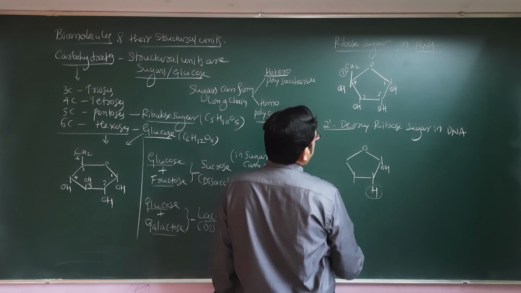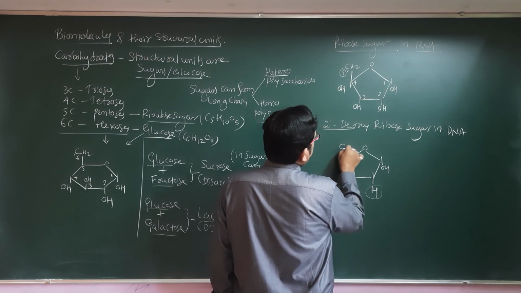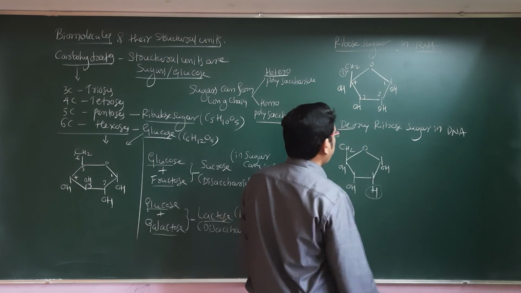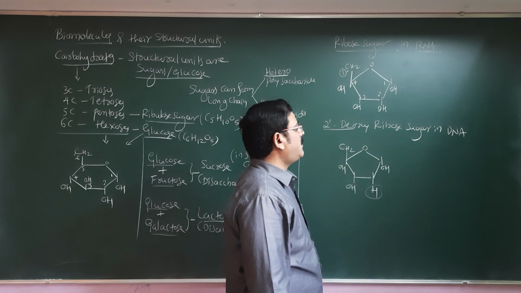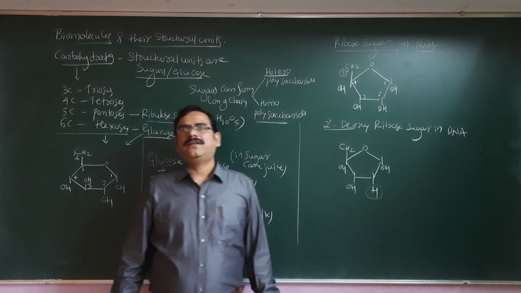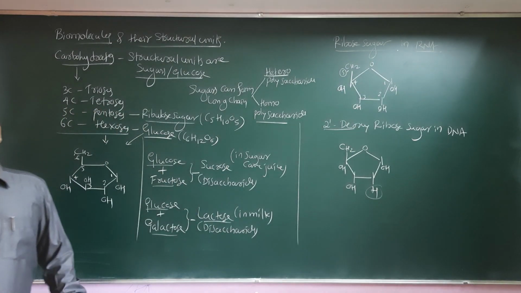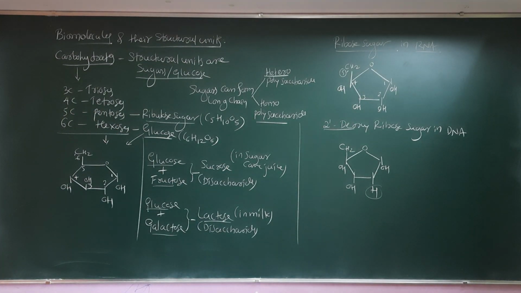Then here it is again OH, here it is OH, here CH2. So this is the deoxyribose sugar that can be seen in the DNA only. This is all we talk about regarding the sugars, which mainly form the structural units of carbohydrates.